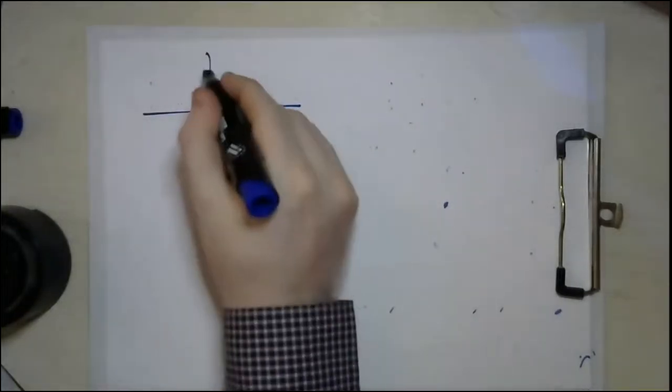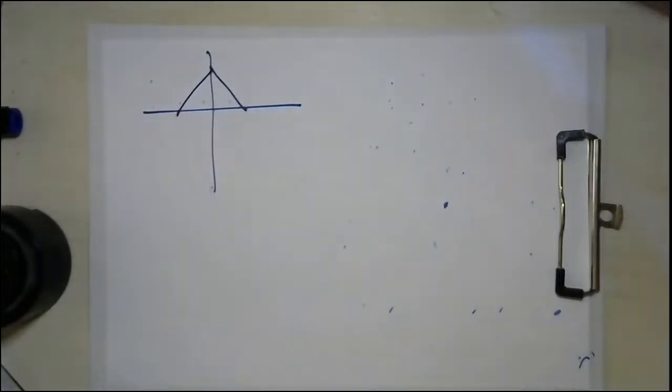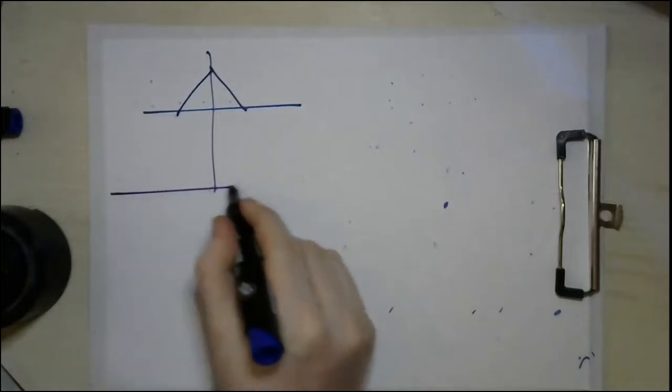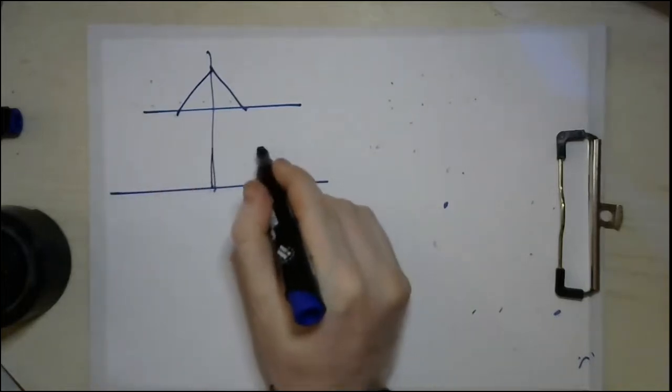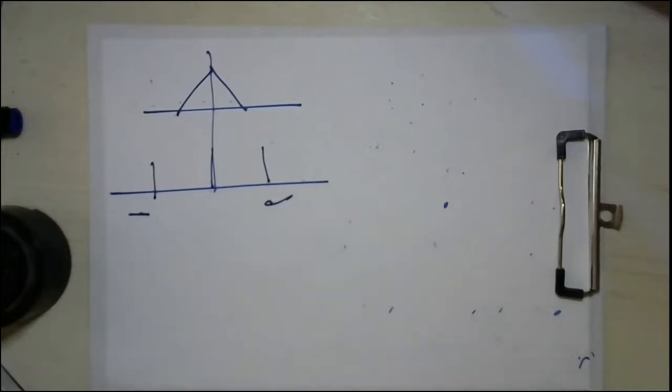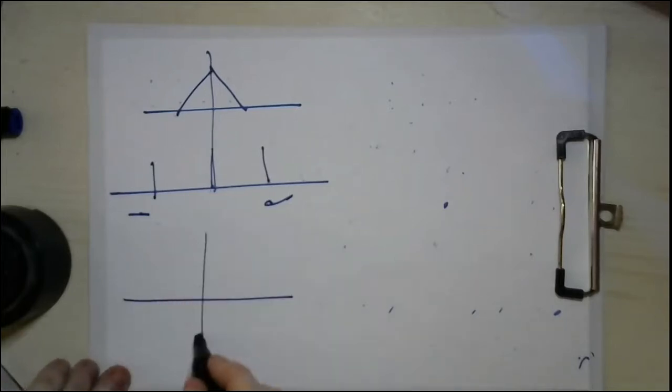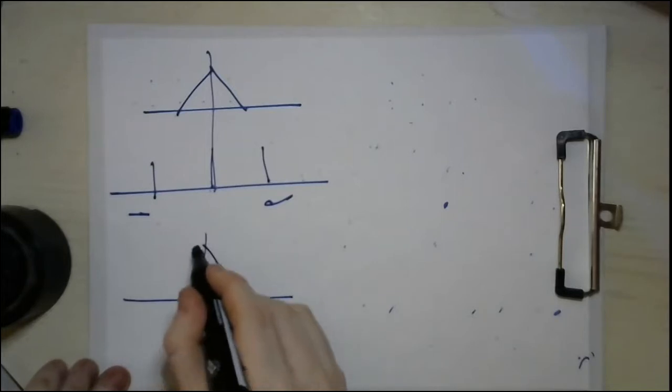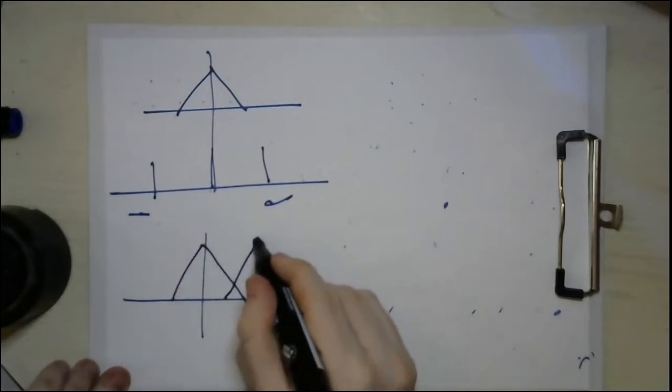So this is the main triangle, the signal, and then you have the delta Dirac functions. For example, now they are closer because the sampling time increased, which means the sampling frequency decreased. So when you plot them, you will plot something like that, and then something like that.